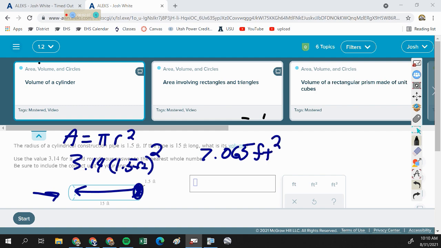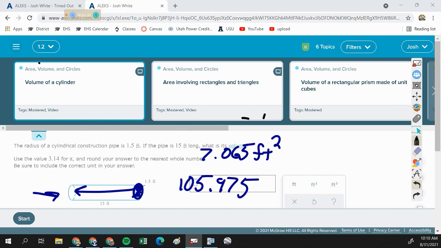Now we're going to stretch that area by a factor of 15, and I get 105.975, and it wants me to round to the nearest whole number. So 106 what? Feet cubed. So it would be this one. Okay?